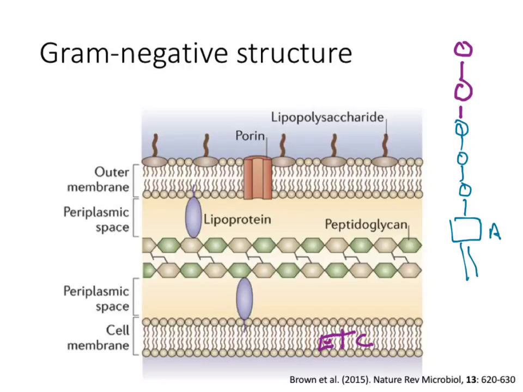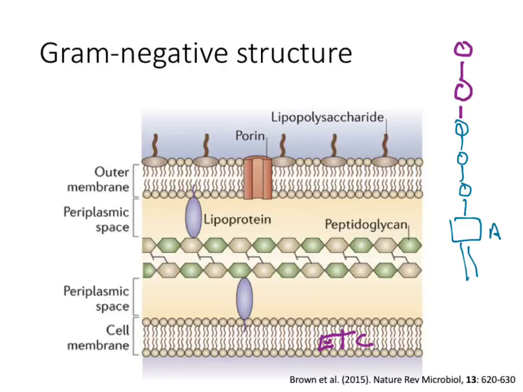However, once you add your decolorizer, whether it be alcohol or acetone, that does degrade and disrupt the outer membrane. So the outer membrane actually gets washed away at that point. And because this peptidoglycan is so thin and porous, the crystal violet at that point escapes.